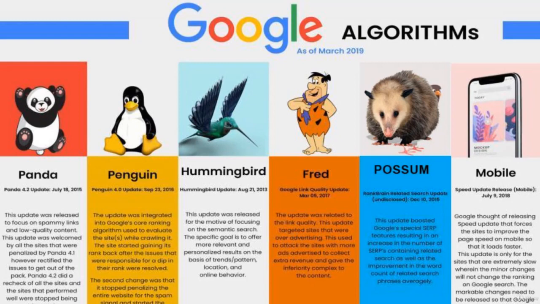The first major Google algorithm was Panda, which they released back in 2011, which targeted websites with low quality content and doorway pages. Actually, before 2011, you could rank your website very easily by doing keyword stuffing and by copying content from other websites.